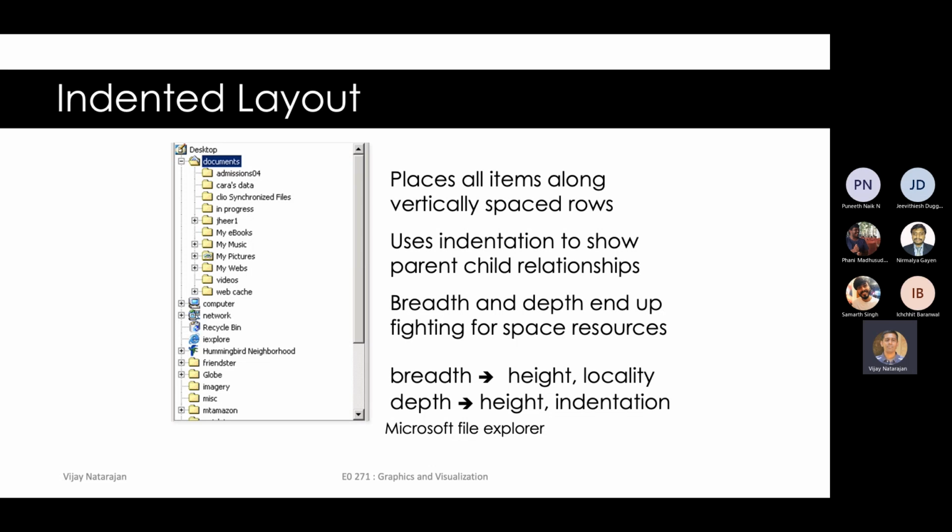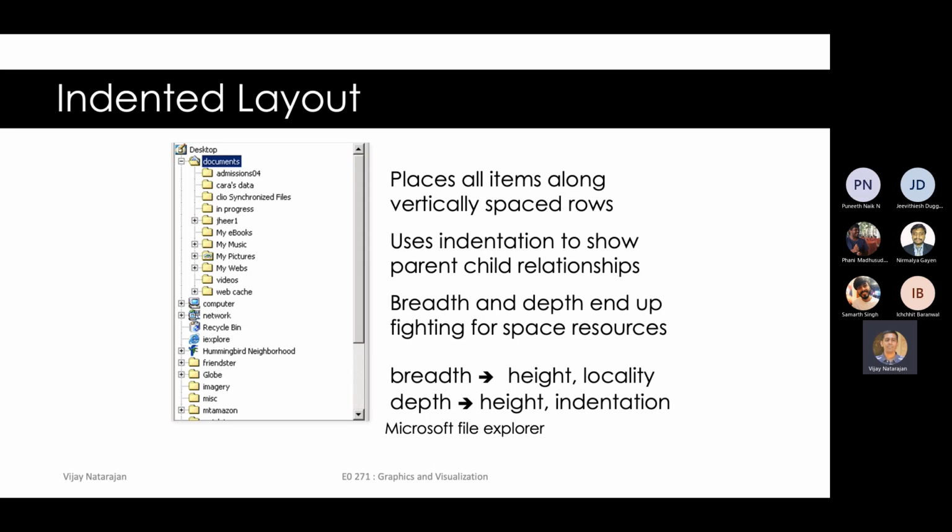One criticism here is that the breadth and the depth end up fighting for the same height resource. Breadth is mapped to height and to locality. Neighboring children lie close to each other, but the breadth is also mapped to the height, to the vertical axis.